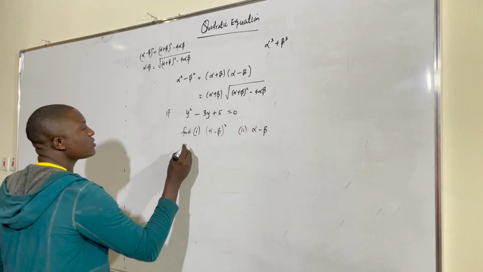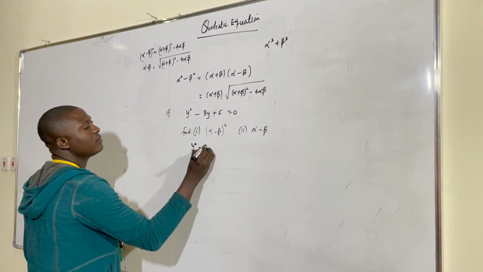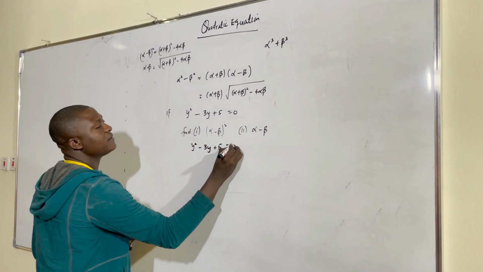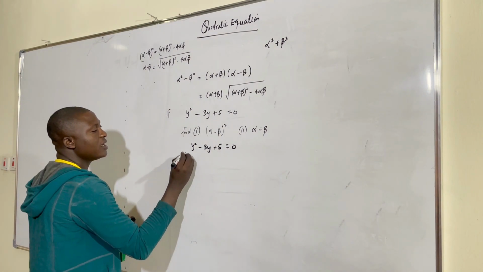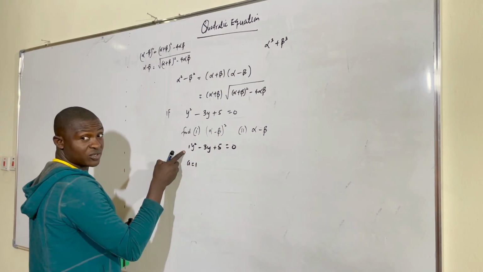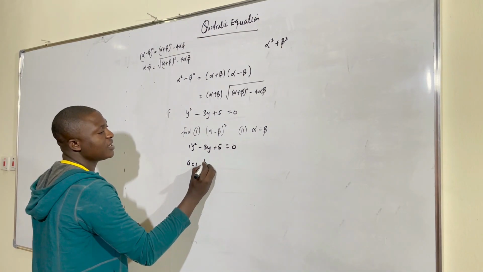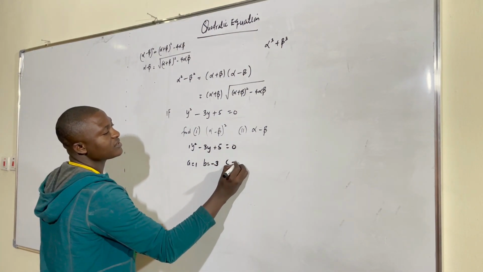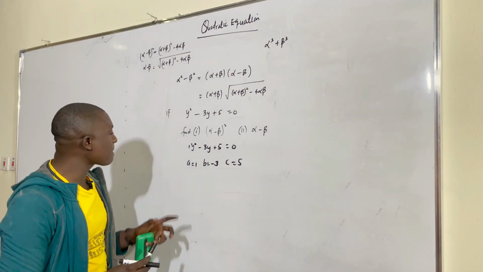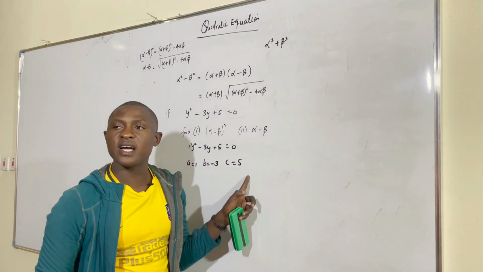So from here, if I go back to that problem, I have y squared minus 3y plus 5 is equal to 0. So I know my a here is 1. You can see I even made it easier. My b here is minus 3, and my c is 5. So we have gotten a, b, and c now.